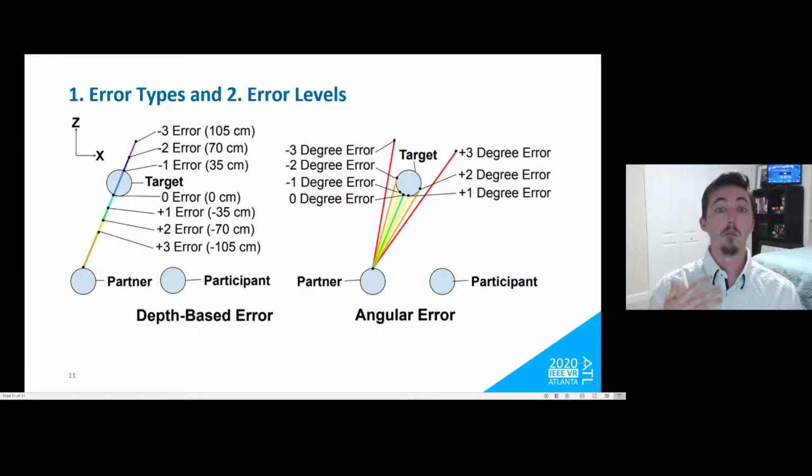As we apply more error, at plus or minus 2 degrees, what happens is that the gaze visualization runs the risk of slipping off that target. And if it misses the target, it will extend further back into the scene behind them. So when we reach plus or minus 3 degrees of error, that miss is happening consistently. It's never actually hitting the target, it's just too far shifted to the left or to the right.